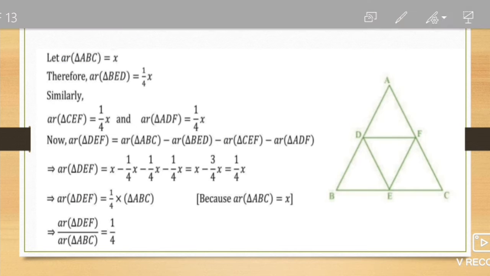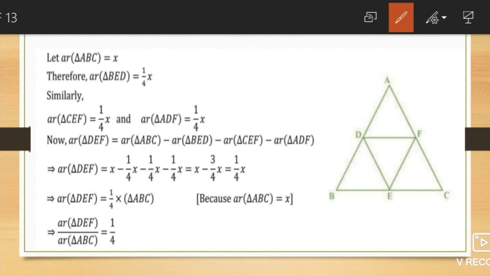Now if you consider the area of the whole triangle as x, and since this one is 1/4 of the whole area, you can say that area of BED is equal to 1/4 of x. In place of area of ABC I am writing x. Similarly, you can prove that CEF is 1/4 of the whole triangle ABC.